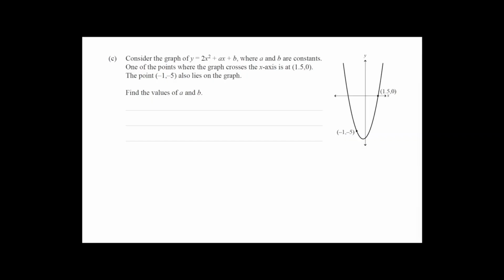So for this one here, when they give coordinates like this, think of it when x equals -1, y is going to equal -5. And when x equals 1.5, y is going to equal 0.